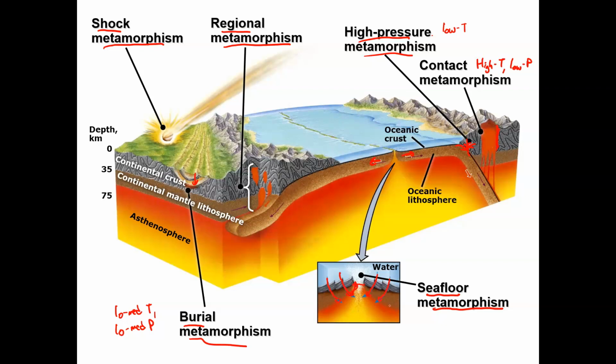And that metamorphism is largely happening because of those hot fluids carrying different elements and depositing them in different ways. So this is a subset of different processes that we might call hydrothermal processes. Hydro, H-Y-D-R-O, thermal. Water and heat.